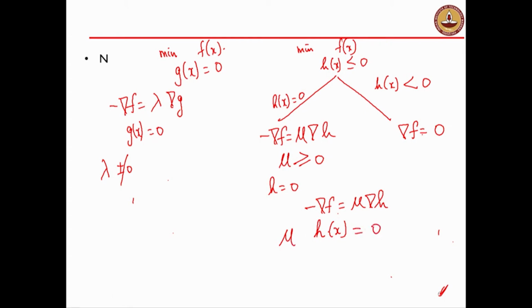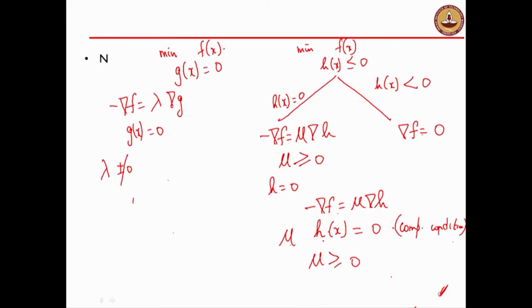And I will write the condition mu greater than or equal to 0. The condition mu times h of x equal to 0 is called the complementarity condition, because when the product of two numbers is equal to 0, it forces at least one of them to be equal to 0. So let us see what happens over here.